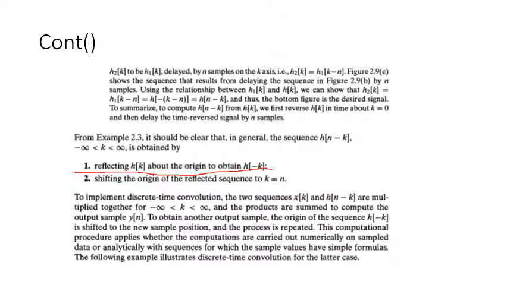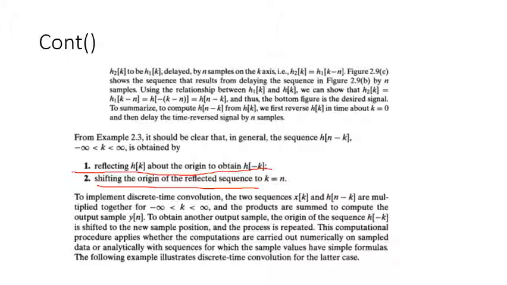Then shift the origin of the reflected sequence, because we have to convolve. We shift the signal to a point where there is no convolution, then to a point where there is convolution, and then finally to a point where there is no convolution.